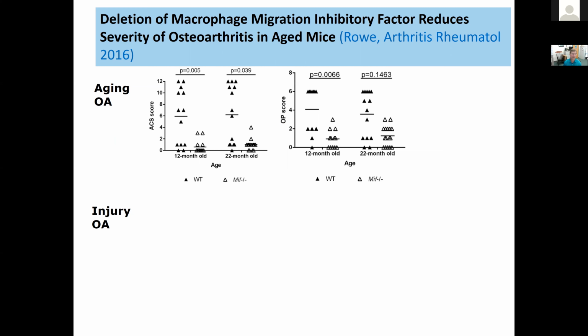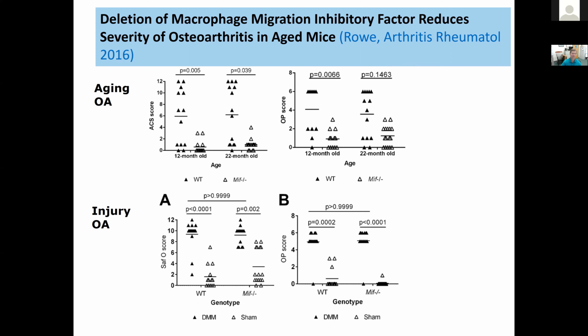But then when we looked at injury-induced OA, and this is taking younger mice and inducing osteoarthritis with something called destabilization of the medial meniscus, we basically did not see any effect at all of the MIF knockout. So again, this is a different cartilage score, SAPHO. These are the wild-type mice who had the surgery and the controls.